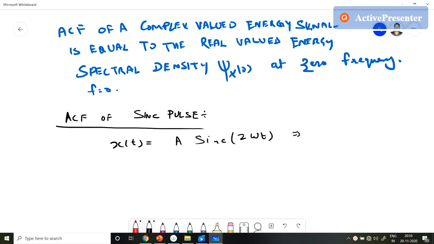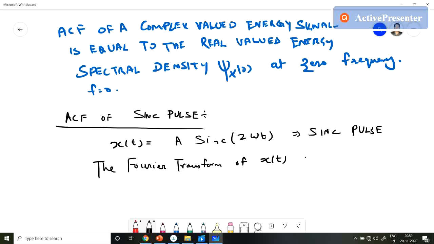So this is a sinc pulse. The Fourier transform of x(t) is X(f), and that is equal to A divided by 2 omega rect(f divided by 2 omega).